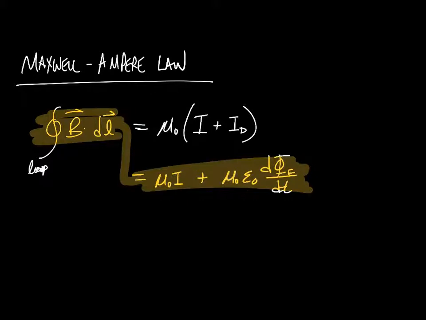So this applies for all the possibilities with electromagnetic waves. If you're dealing with a conductive path, then you have both. If you're not dealing with a conductive path, then you only have Maxwell's contribution. You only have displacement current. But realize it's different.